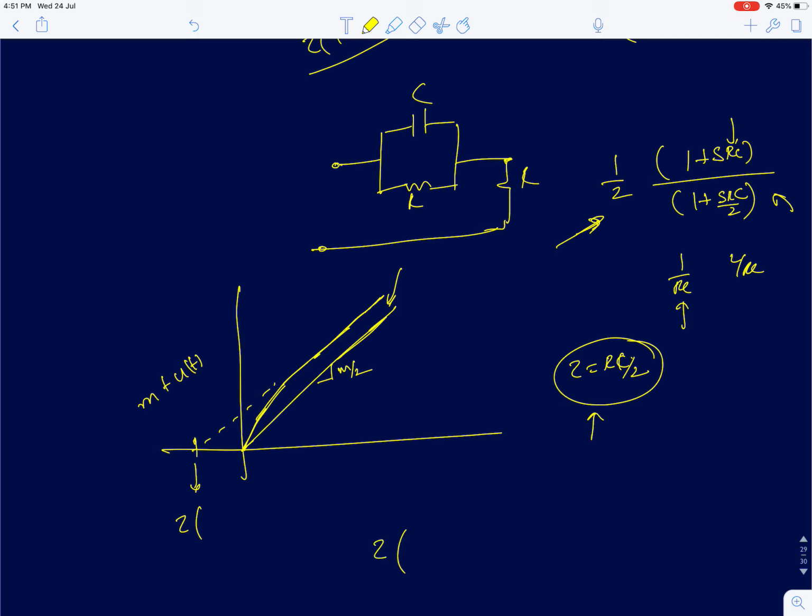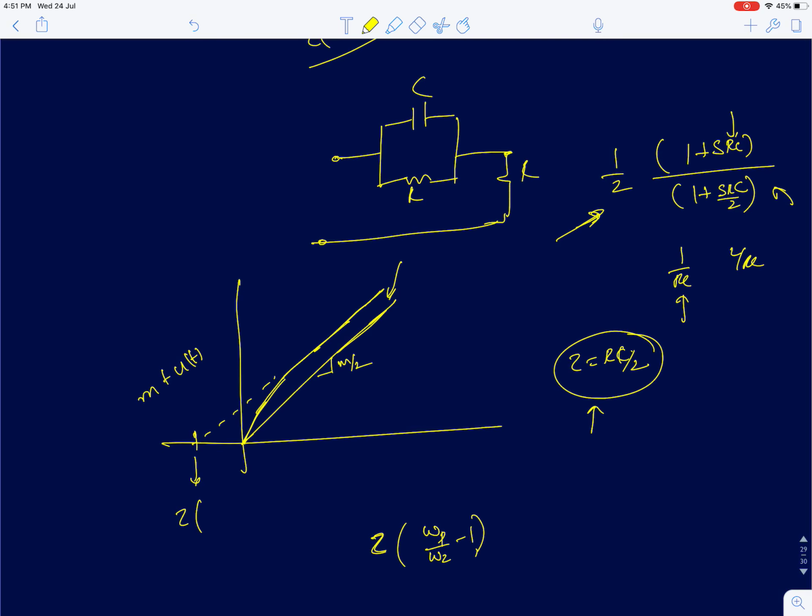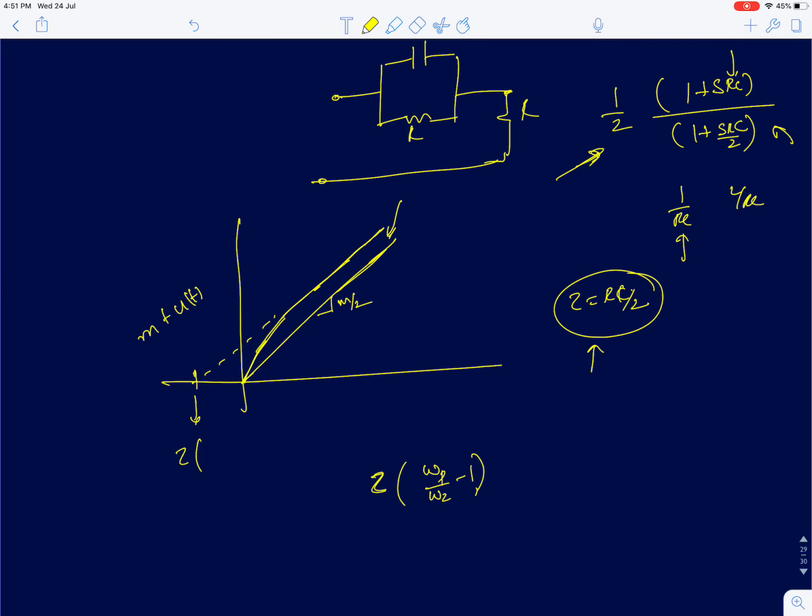So here you would have tau into omega p by omega z minus 1. Omega p is 1 by RC by 2 and your 0 is this. So you'll get tau, which is RC by 2. The important point here is that the system is leading the steady state input, and that comes because your 0 is less than the pole.